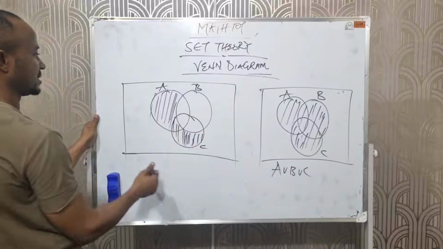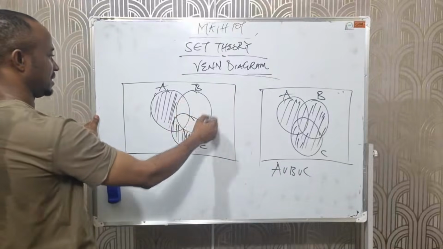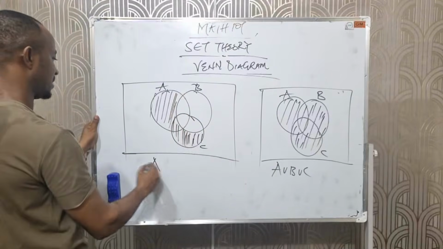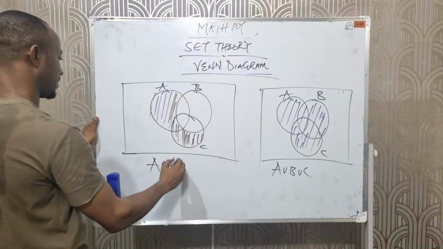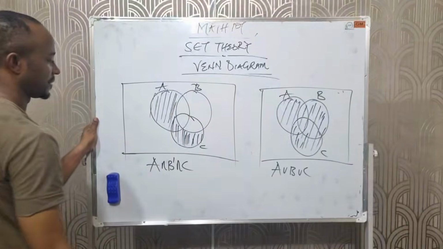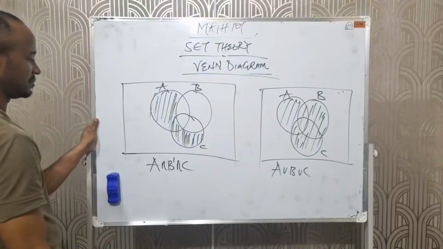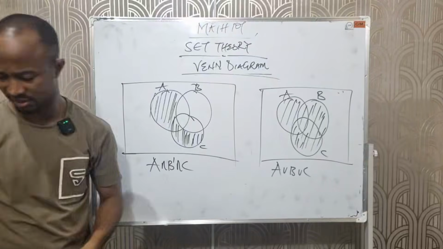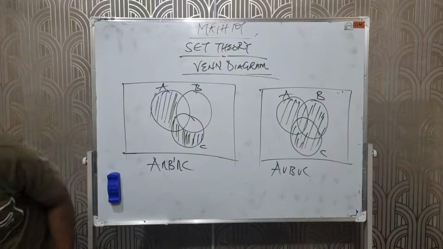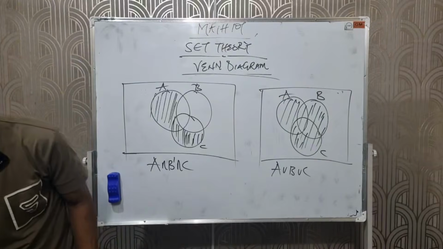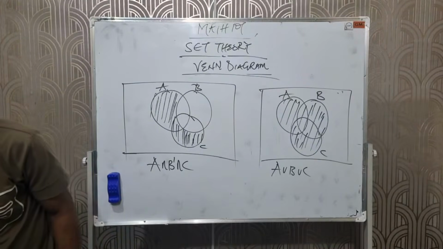Look at this, only B is empty. So that means A intersection B prime intersection C, right? A intersection B prime intersection C. This is how we can represent such kinds of sets.